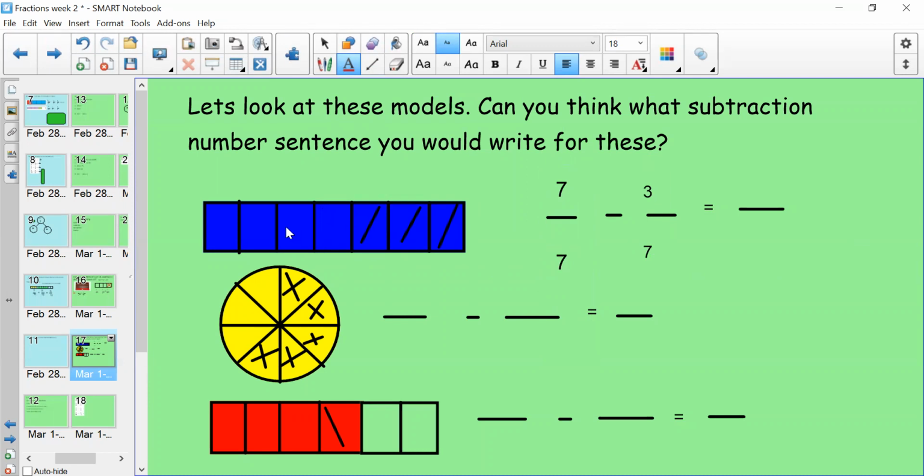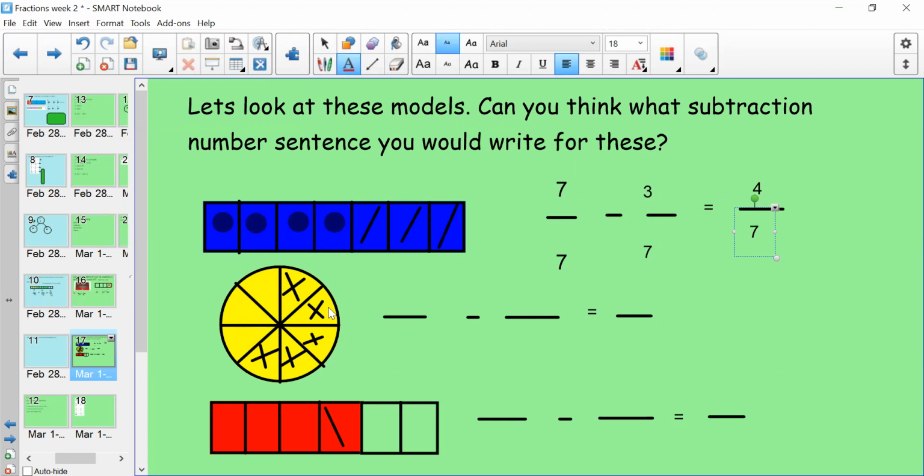We can see we've got 1, 2, 3, 4. So I just had to highlight that. We've got 1, 2, 3, 4 7s left. And again, if you're just looking at the actual sum, you can see that 7 take away 3 is 4. And then the denominator stays the same. So it's 7. So the answer is 4/7.